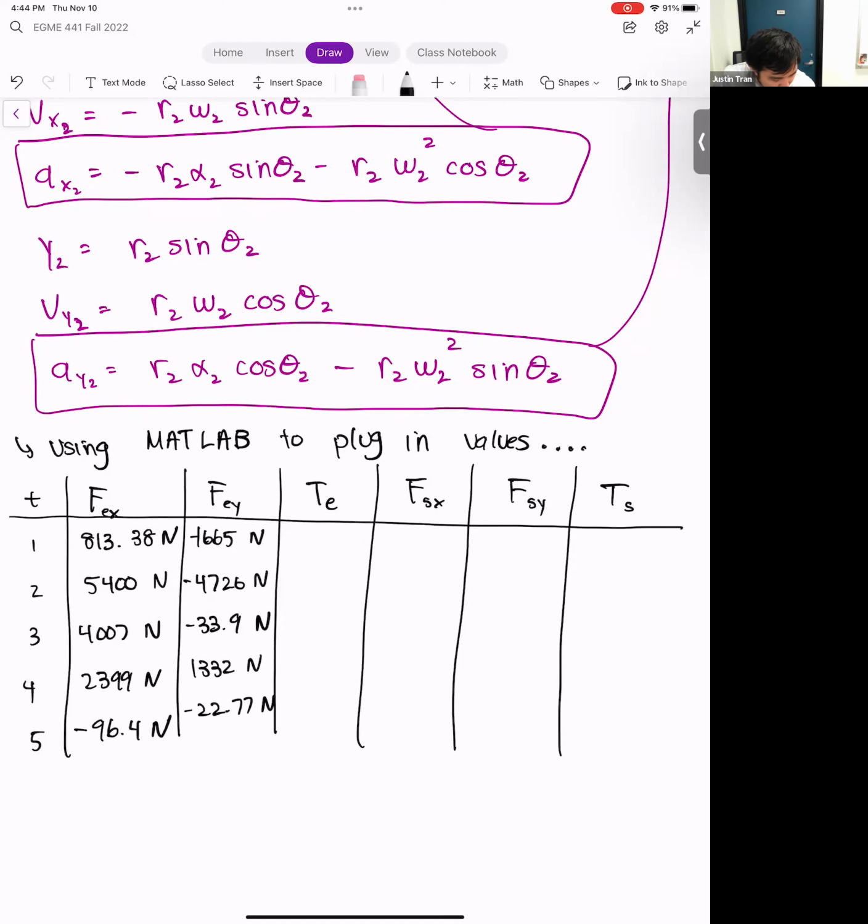Okay, so that's FEY. And so most of these are negative. That means the true direction for the elbow reaction is in the other direction.